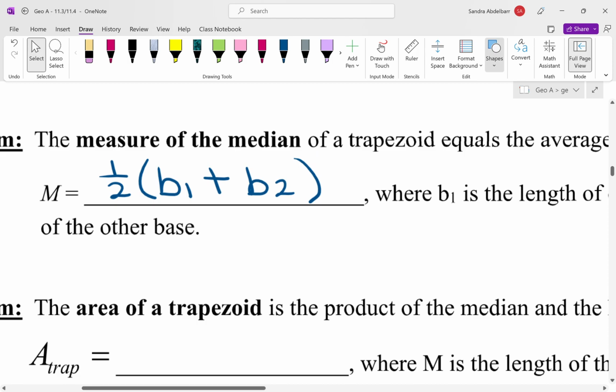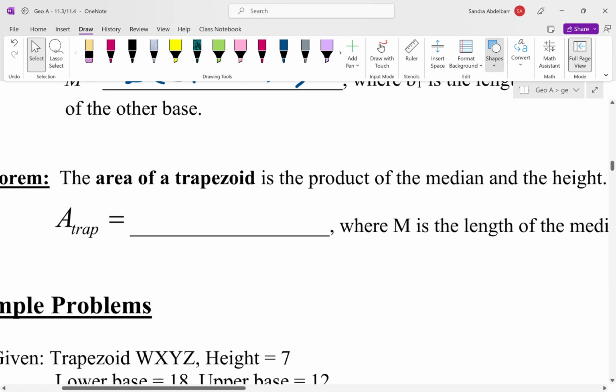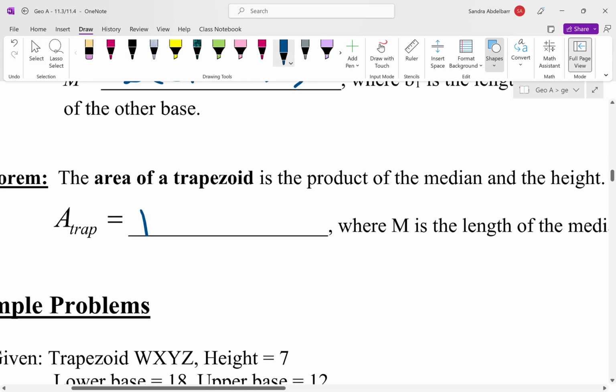The formula for the measure of the median is very similar to what other formula we just saw? The area of a what? Trapezoid. What's the only difference? The trapezoid has what in it that the median doesn't? The height. So let's say I told you the median of a trapezoid. We can find the area by doing the median times the height.